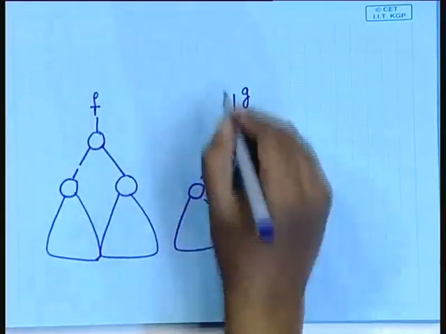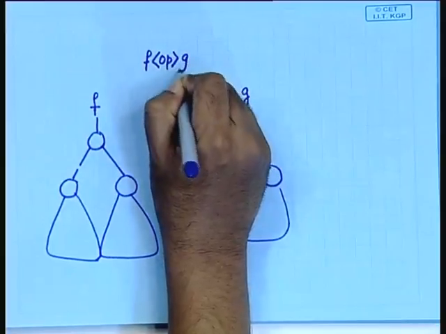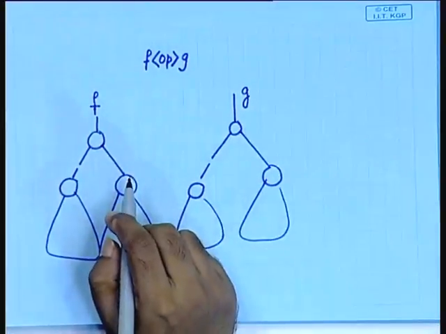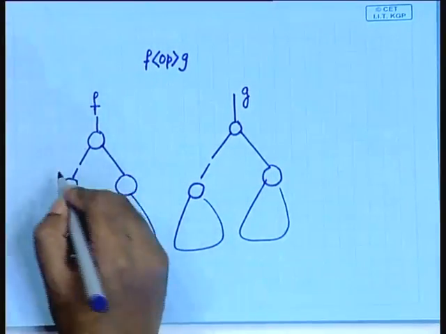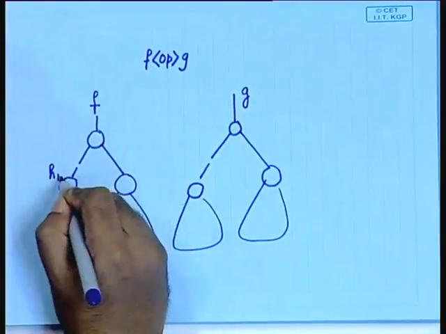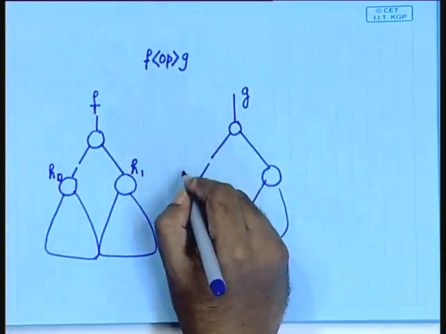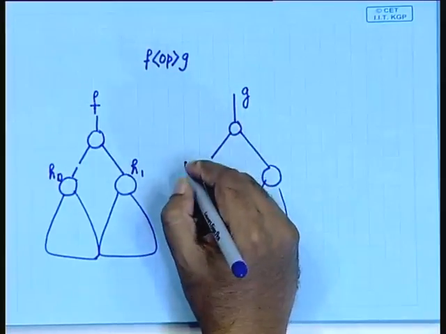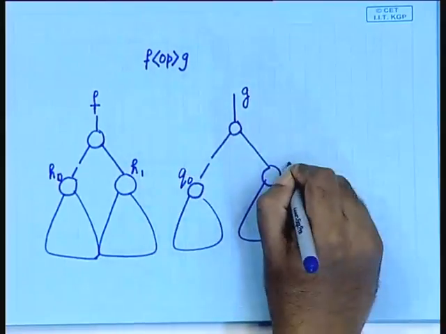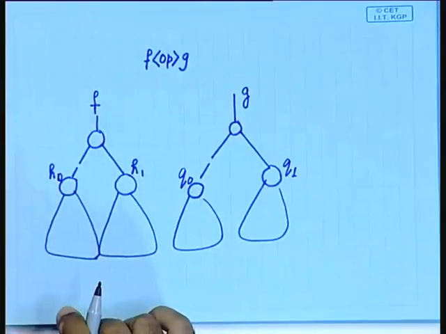Now I want to do f op g, where op can be AND or XOR, whatever. Now let us call these functions h0, h1, and let us call these q0, q1. These are these functions, not the variables, mind you.